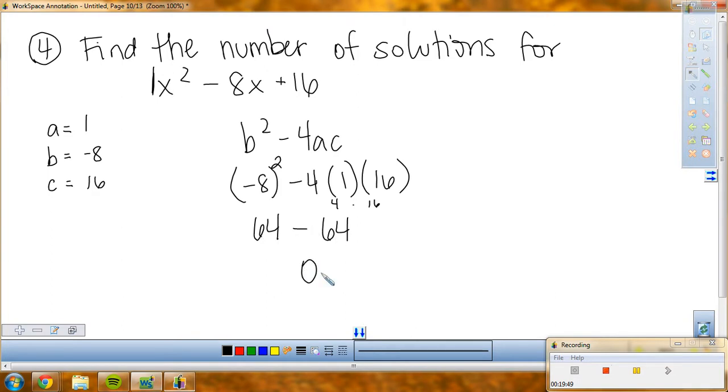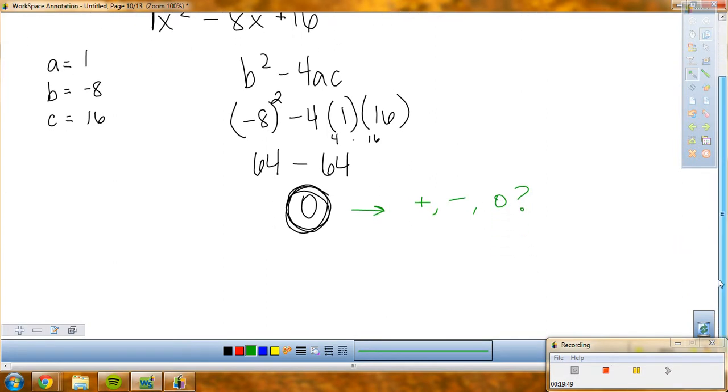My answer is 0. So again, we want to be asking ourselves, is the answer positive, negative, or 0? Right? And here, we found a 0, so this means something else.